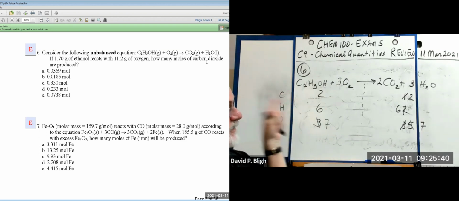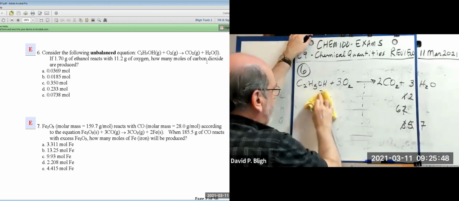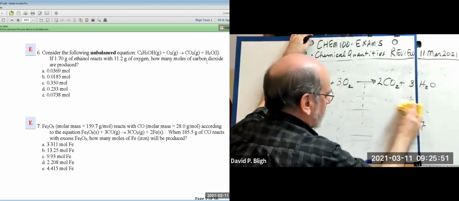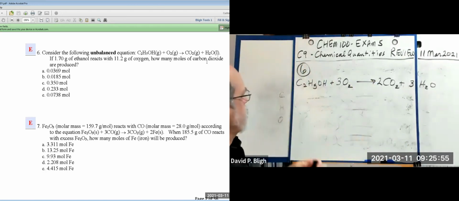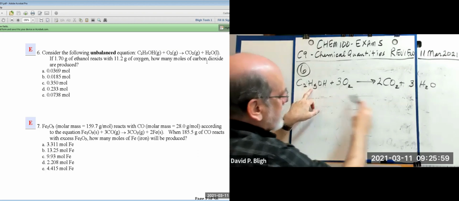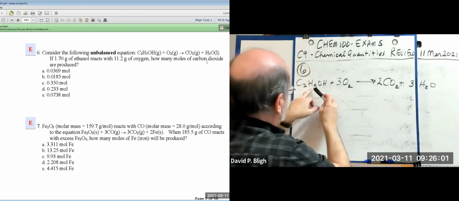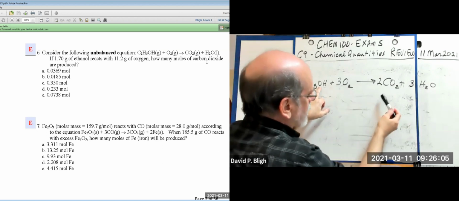If you can't get past this point, then you can't work the problem. And we can check it to be sure. 2 carbons, 6 hydrogens. 1 plus 6 is 7 oxygens.